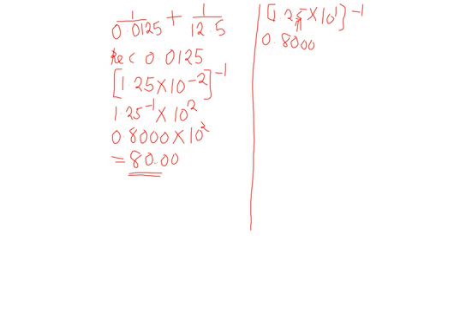So 10 raised to power 1 and raised to power -1 is equal to 10 raised to power -1.